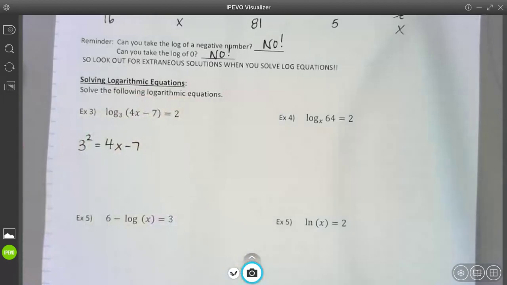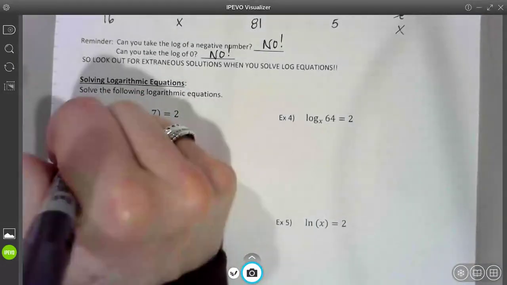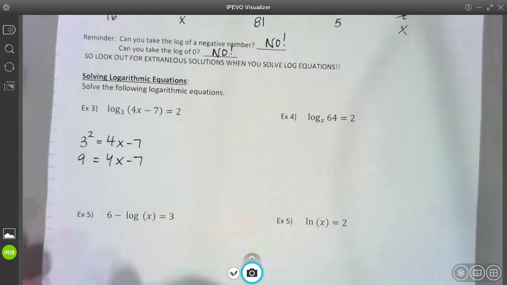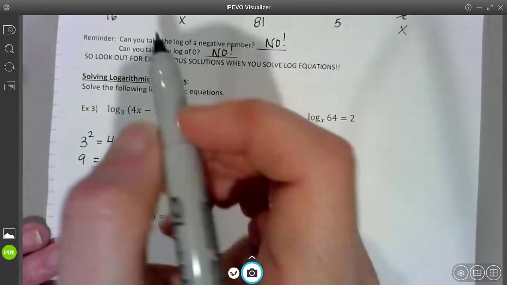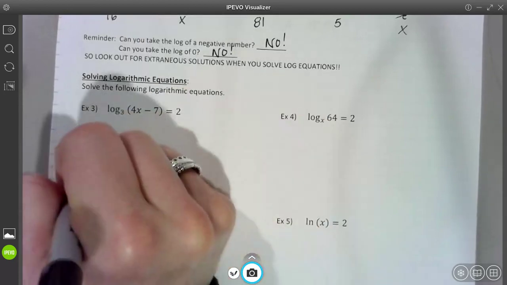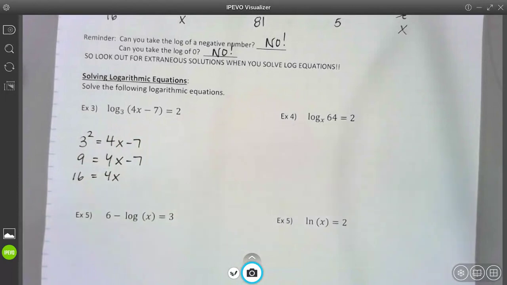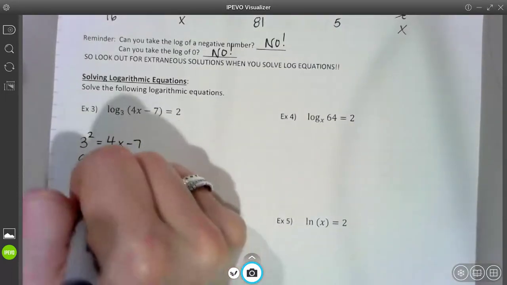And now my x value is broken out of that logarithm and I can solve for it. So I would get 9 equals 4x minus 7. I'll add over my 7. I'll get 16 equals 4x. I'll divide both sides by 4 and I'll get x is 4.